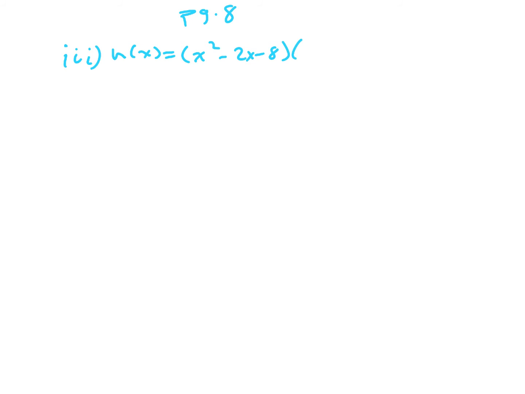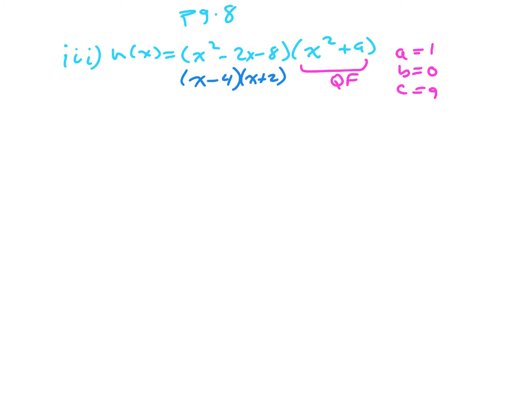So you don't need to do quadratic formula, but here, I guess I'll show it. In any quadratic formula, A equals 1, B equals 0, C equals 9. This one you could factor. If you do the quadratic formula, that's also fine. So then that would be x equals 4, x equals -2.